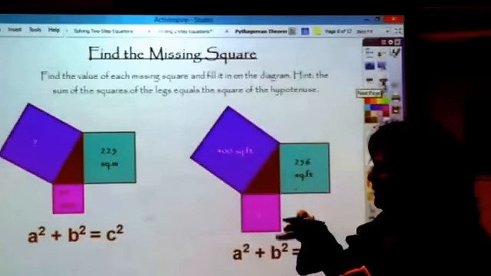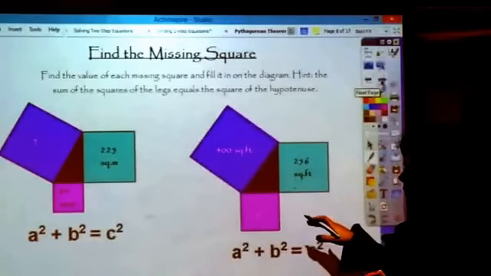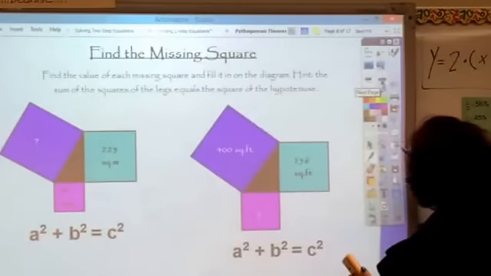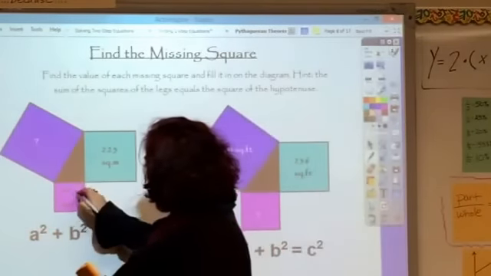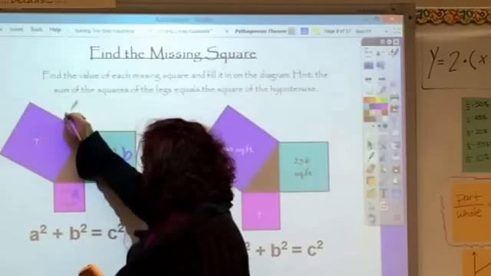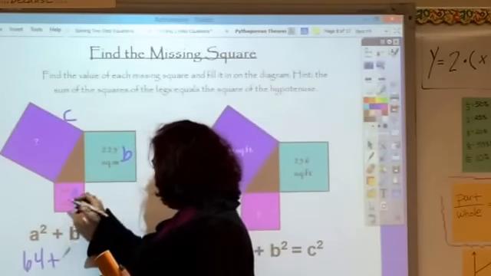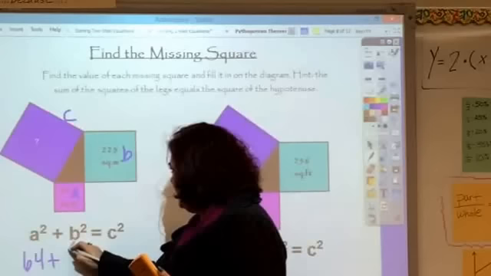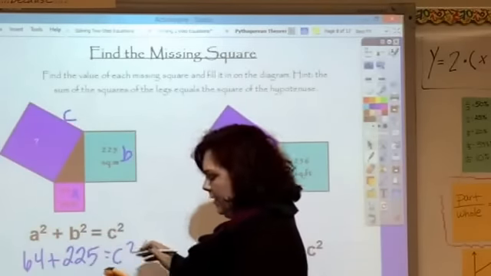Okay, so now we have the squares shown, and it says find the value of the missing square and fill it in. So we'll call this A, this B, and this C. A is 64. It gives me the squares this time. B is 225, and that equals C squared.